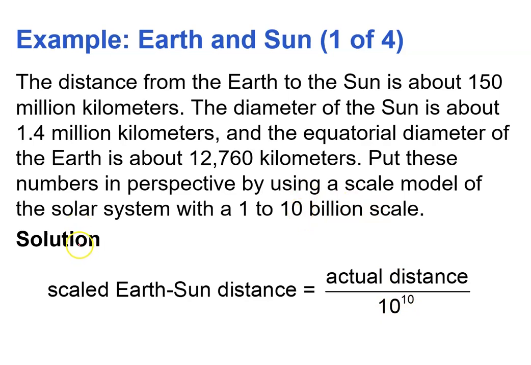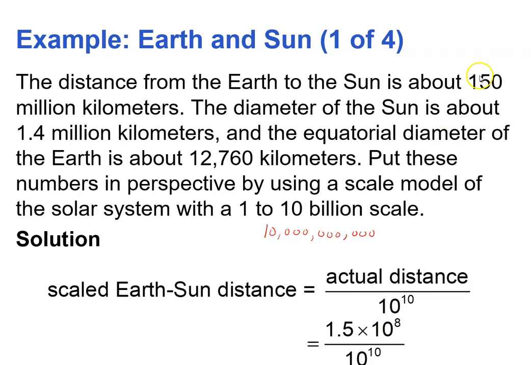So if we wrote down 1 with 10 zeros, right? 1, 2, 3, 4, 5, 6, 7, 8, 9, 10. 10 zeros gives us this 10 billion. So 10 to the 10th.